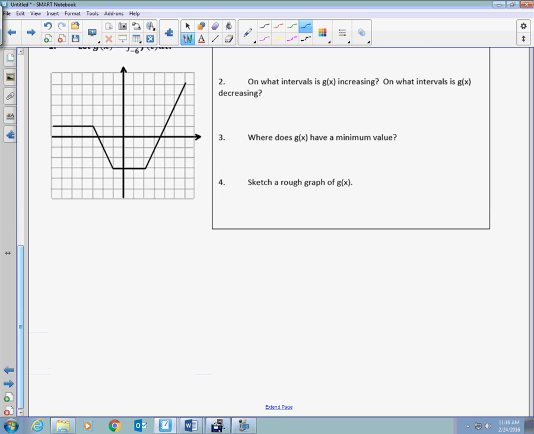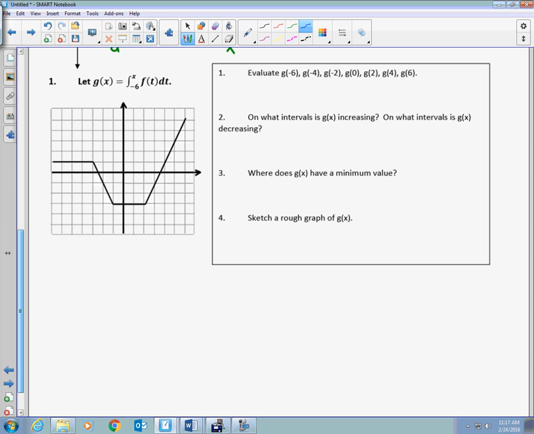Let's try some numbers and plug them in and see what happens. Let's attach a function value: g of x is equal to the integral from negative 6 to x of f of t dt. It wants us to evaluate g of negative 6. So what that means is g of negative 6 is equal to the integral from negative 6 to negative 6 of f of t dt.